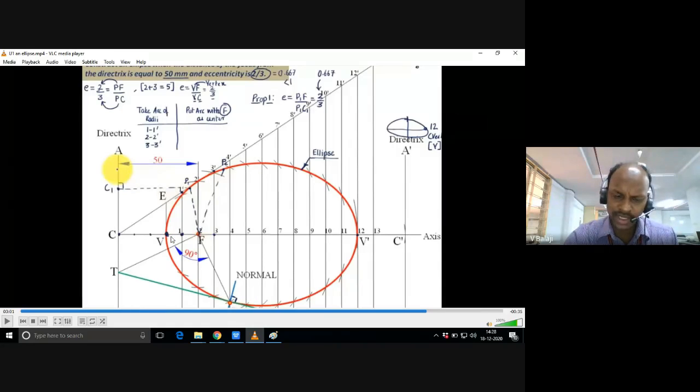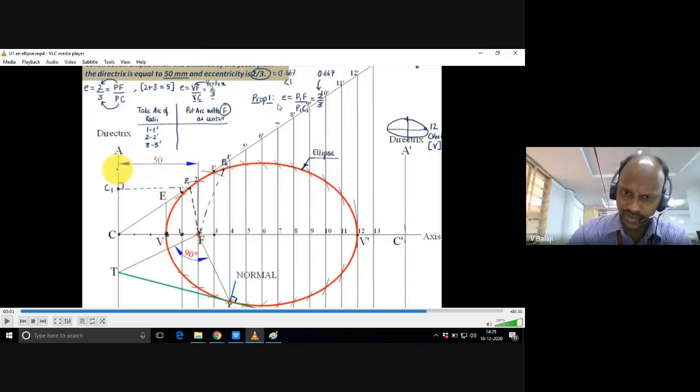Even if it moves from the axis point V to P1 or P2 or P3, somewhere it is going, it is moving, but the ratio is constant. That I would like to explain.